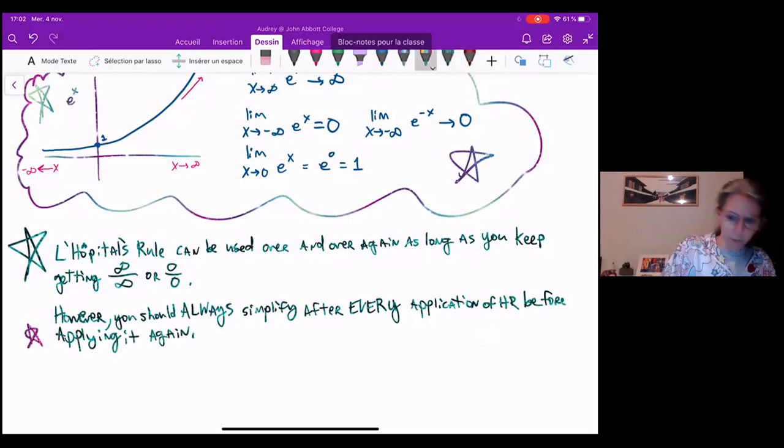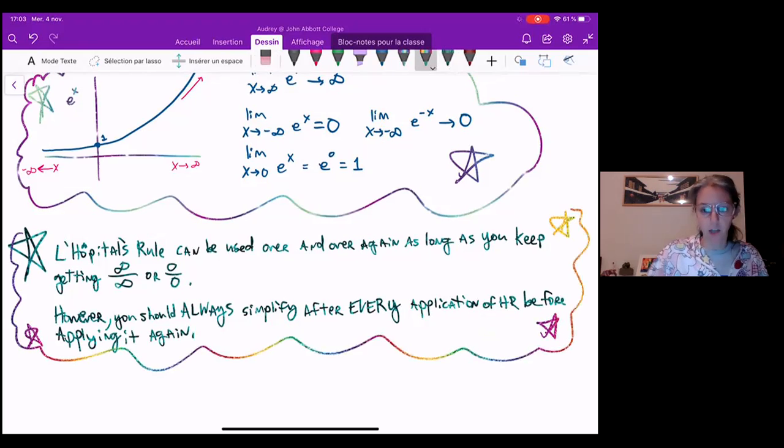All right, so we'll just put some little stars here. This is like a key concept, that idea of simplification.